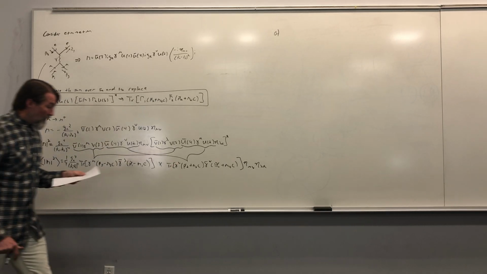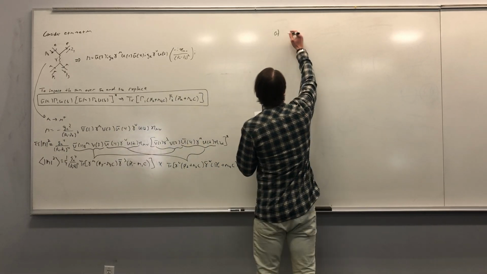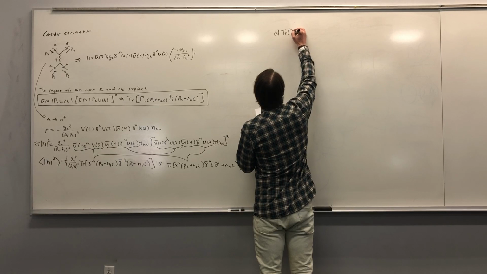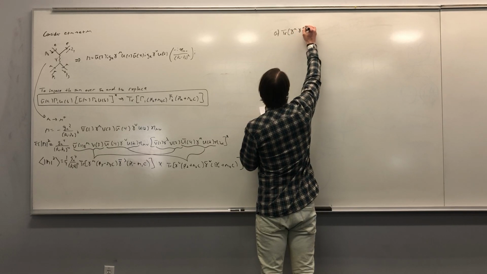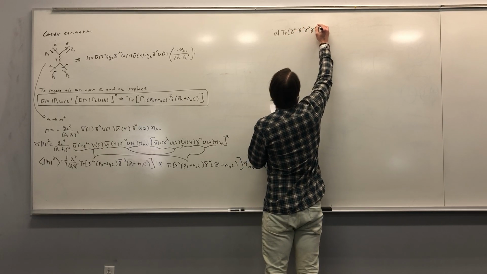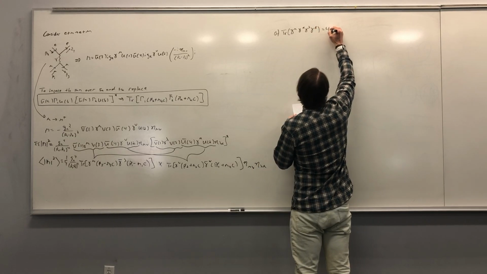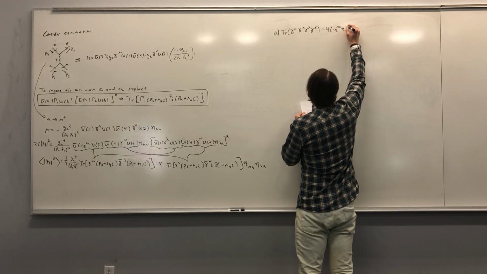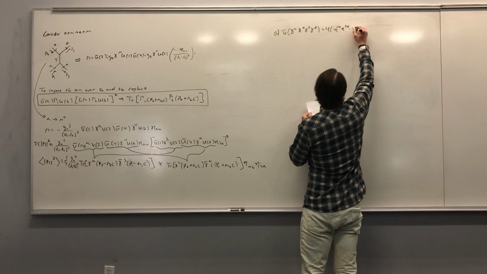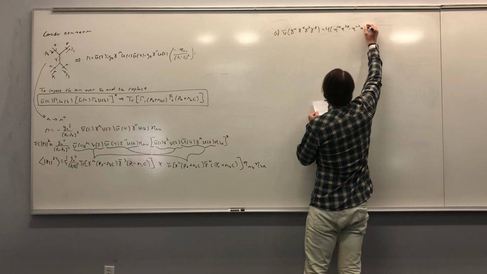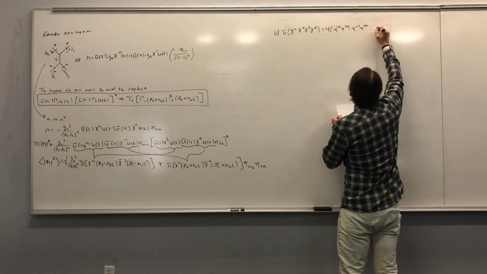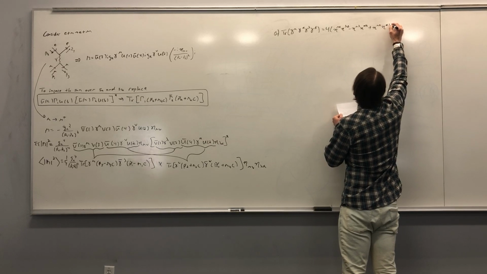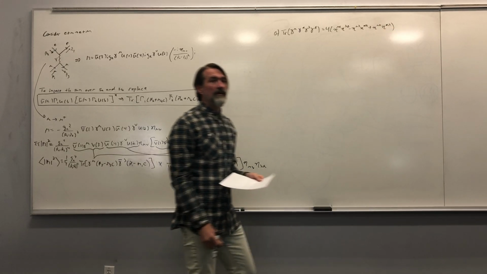Well, look at this. Maybe you will, and maybe you won't remember. But if I have the trace of a product of 4 gamma matrices, this is equal to 4 times a bunch of metrics, or inverse metrics. Does that look familiar?